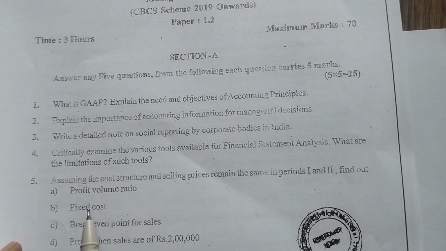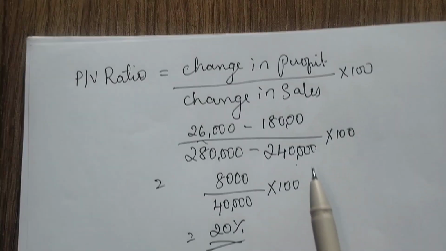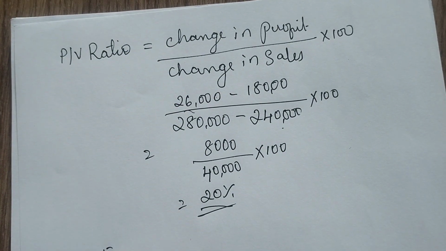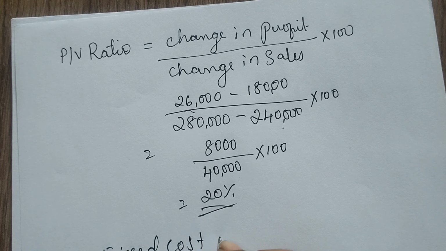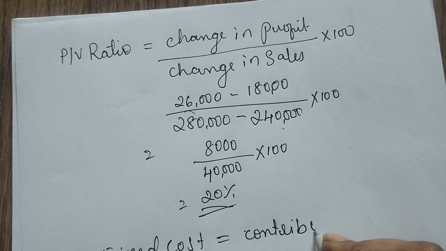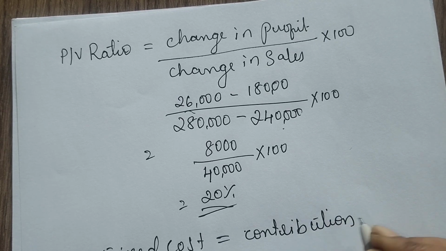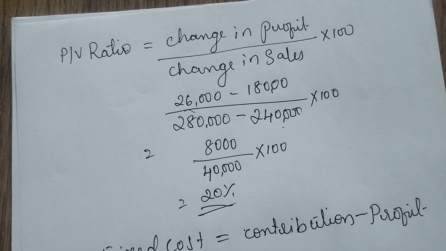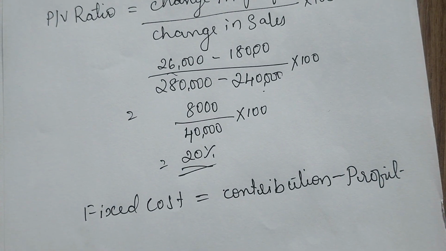What is the next question? Next we have to find out the fixed cost. What is the formula of fixed cost? Fixed cost is equal to contribution minus profit.